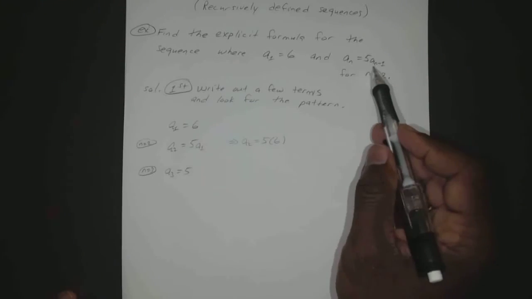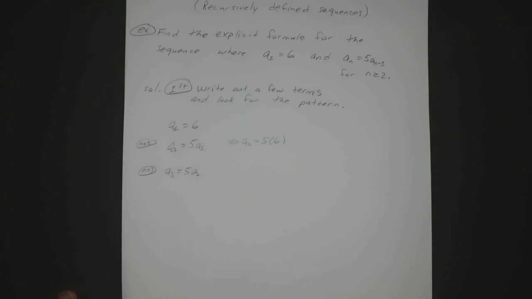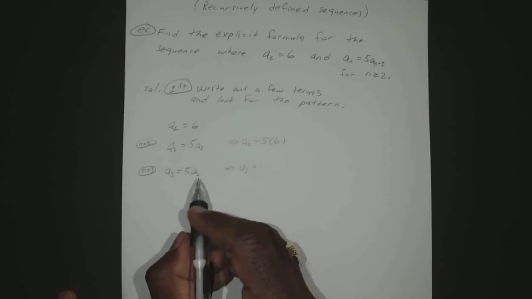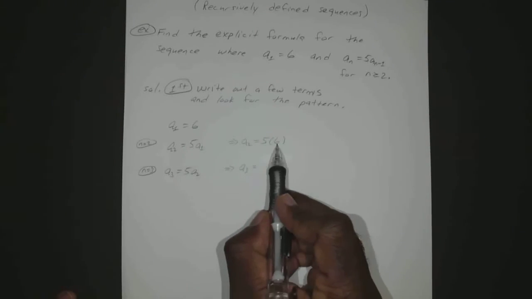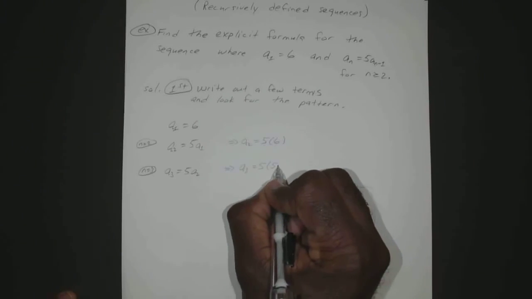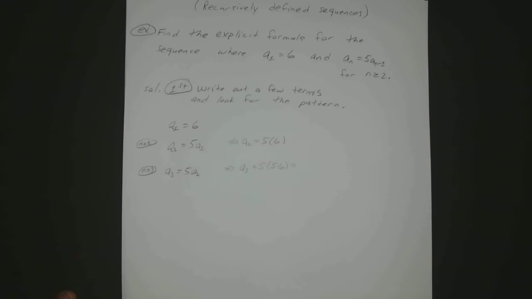That's equal to 5 times a sub 3 minus 1, which is 2. Okay, so we know that our a sub 3 is equal to 5 times 5 times 6. Which you can make 6 times 5 squared, or 5 squared times 6, doesn't matter.